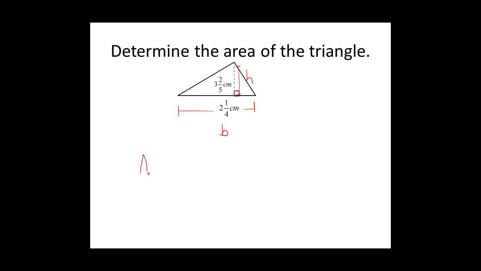So the area of a triangle is equal to 1/2 times the base times the height. We will need to change all of our mixed numbers to improper fractions.